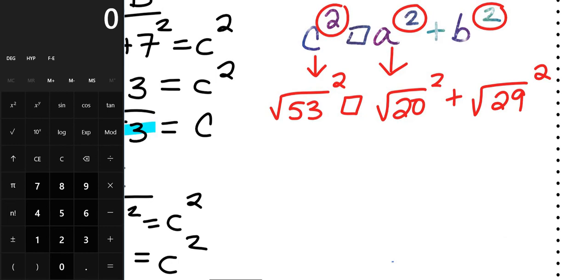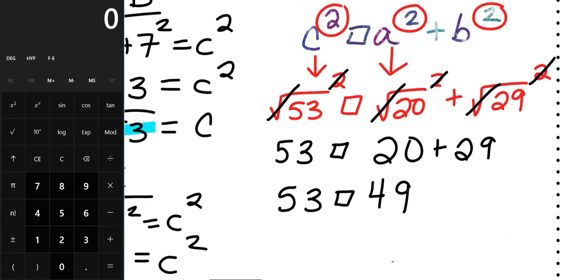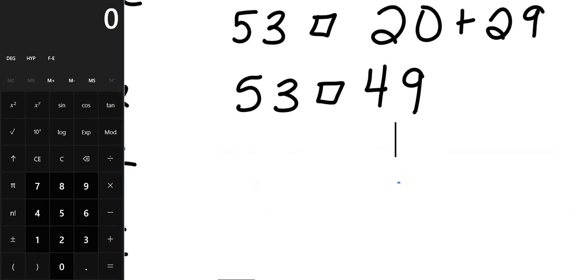Now for all of these, a square and a square root will cancel. So it's nice keeping it as a square root. We're left with 53, box, 20 plus 29. So 53, box, simplifying further, 49. Now, since we are focusing in on this box, 53 is larger than 49.